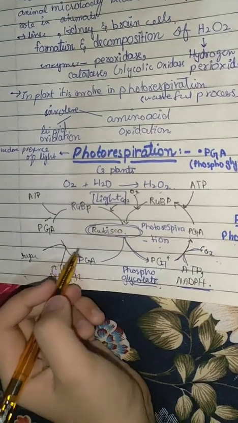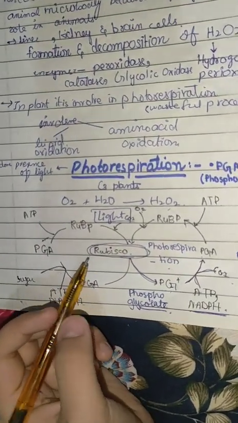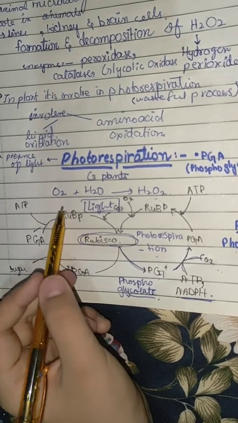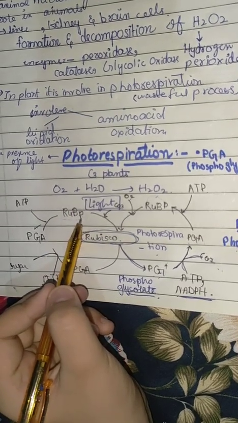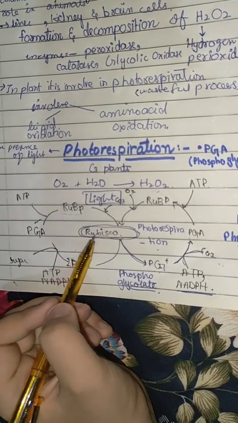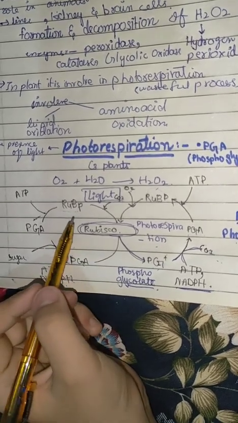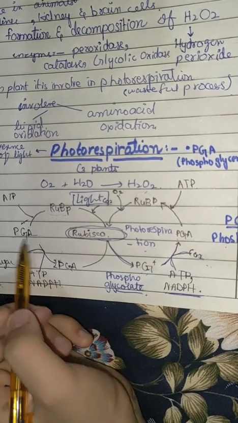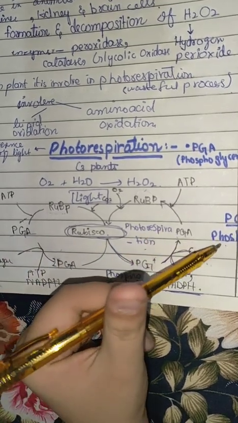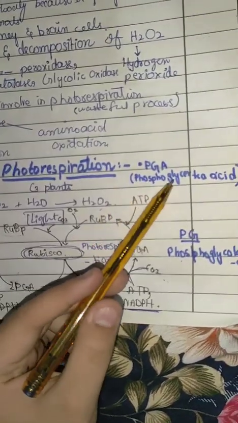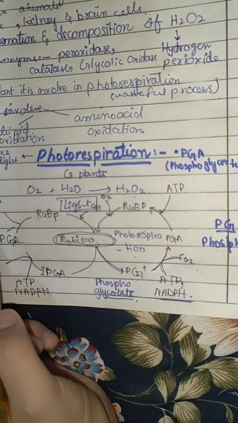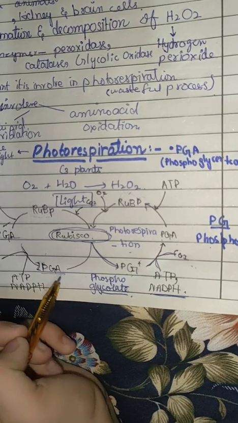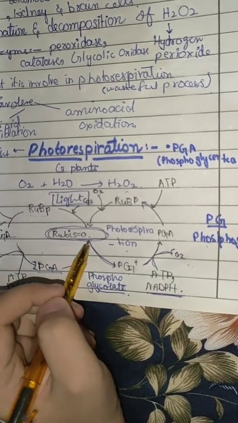But if I talk about this other side, CO2 combines with ribulose bisphosphate with the help of the enzyme Rubisco. Then it is converted into PGA, phosphoglycerate, then again PGA to PGA, and after that the same Rubisco enzyme.